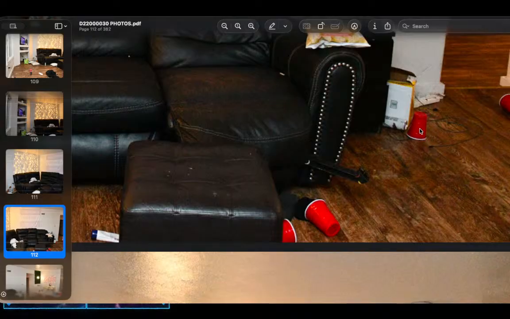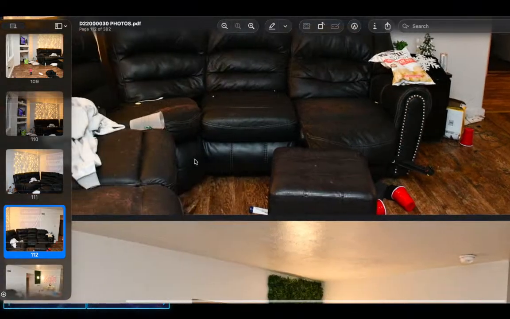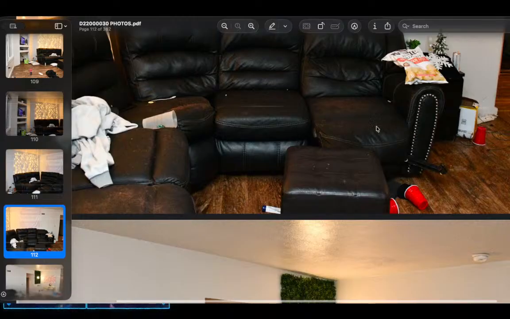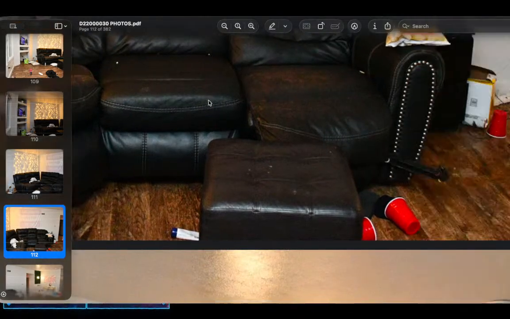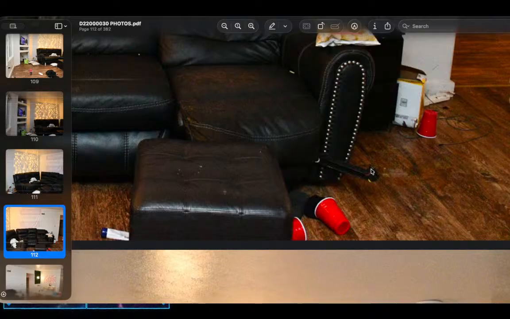And it even comes over here. But that to me doesn't look like normal wear and tear. What is this thing? What is this right here? What is that? It looks like a leg, like some sort of stand.